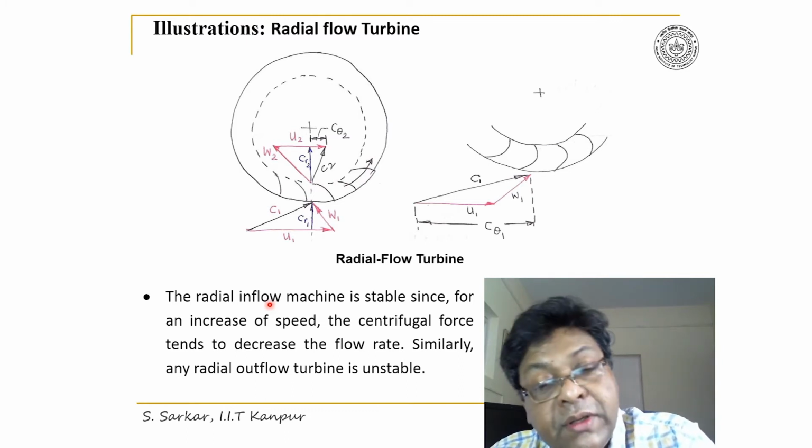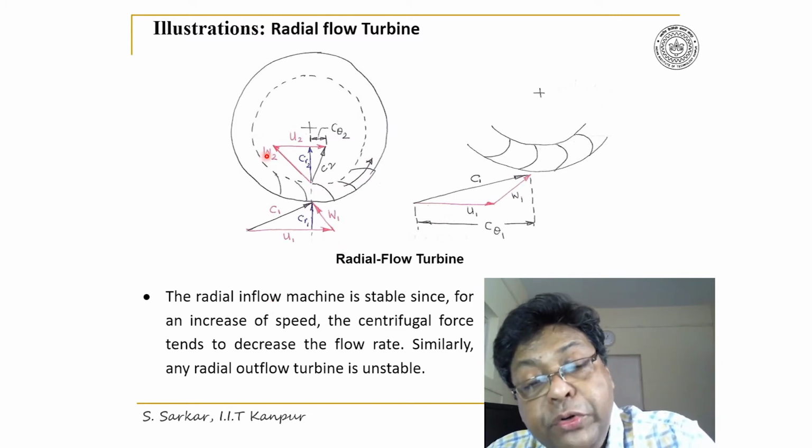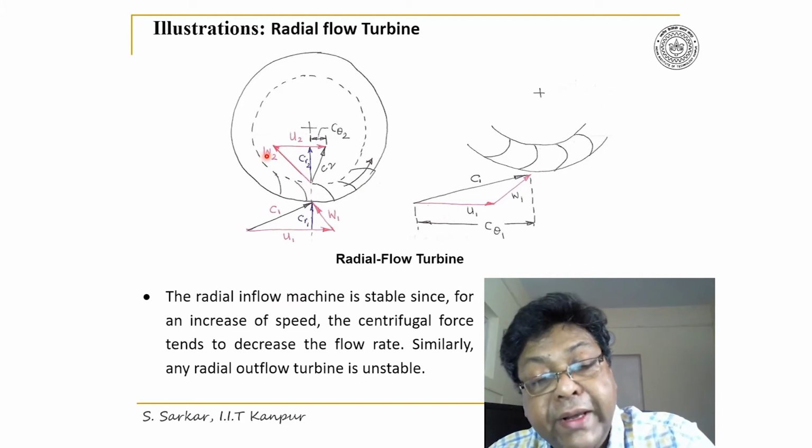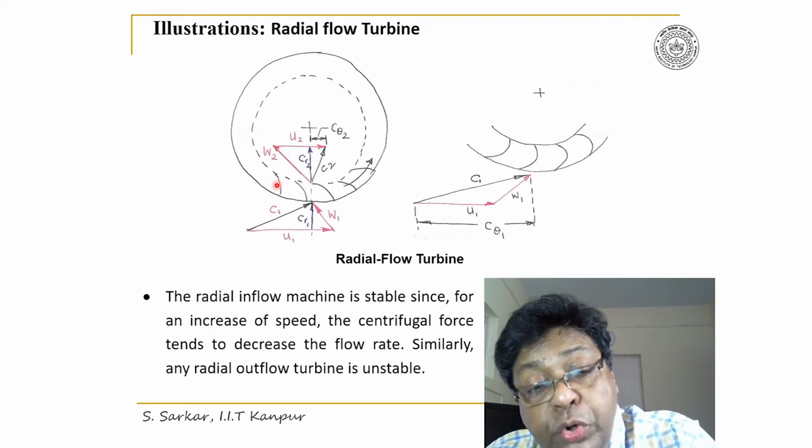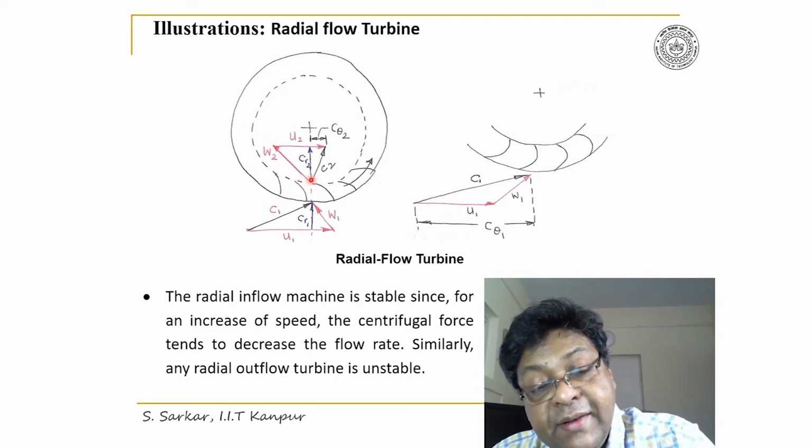Particularly also note that your W1 and W2 would follow the blade angle, and W2 will accelerate. So the magnitude of W2 will be higher than W1.